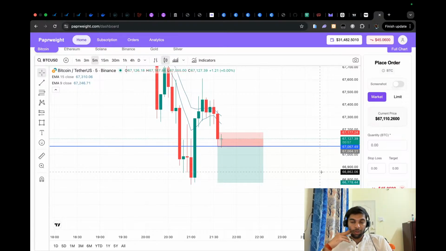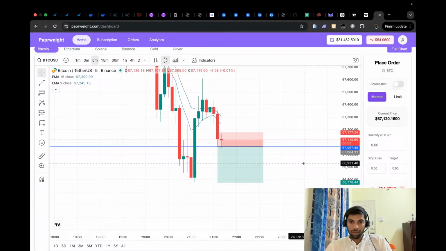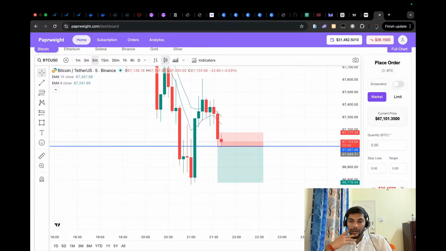So taking the support from here. 44 more seconds to close this candle. 30 more seconds.